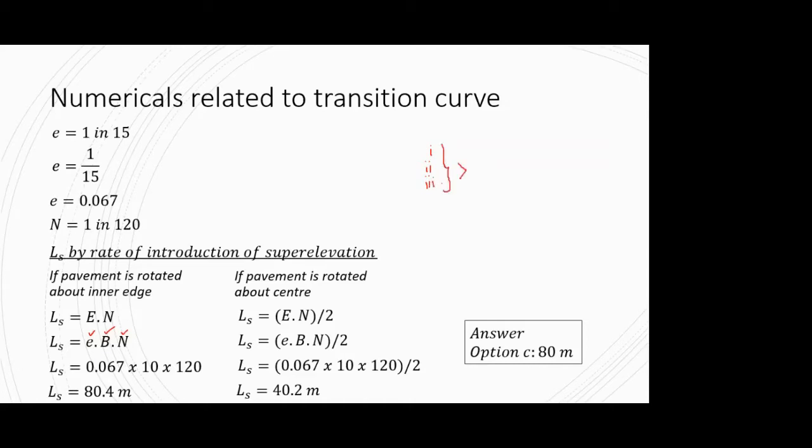So the same concept we have applied here, that even if we are calculating only by this second parameter or second criterion, then too we have two cases in it. So we'll take the maximum value amongst it, and that's the value of 80.4. So our answer comes out to be option C, which is 80 meter.